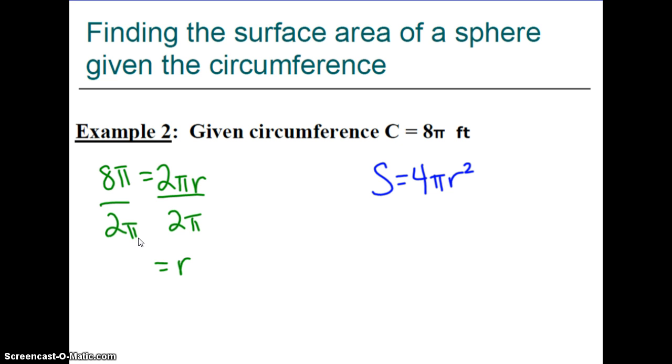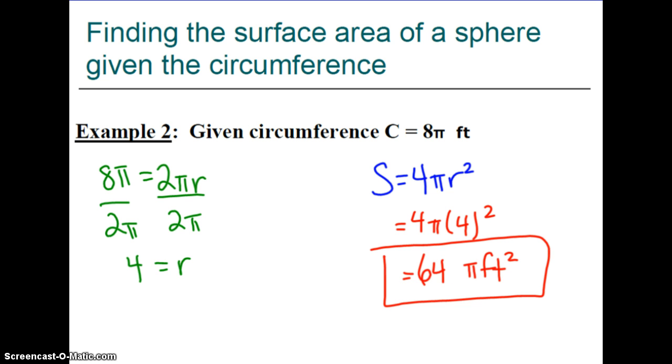I'm left with r equals 8 pi over 2 pi, and my calculator says 4. So I would take 4 and plug it in here for the radius, 4 pi times 4 squared. That's the surface area, so I get 64 pi feet squared.